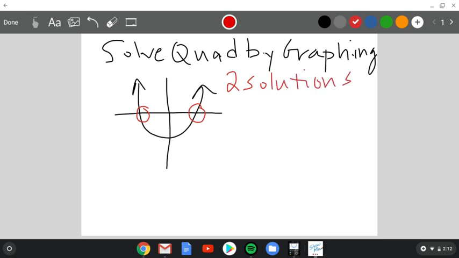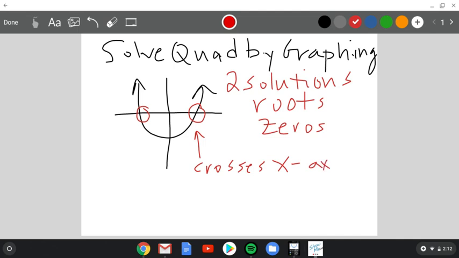And we also can call solutions the roots or the zeros. Those are all interchangeable terms for solutions to any type of graph. It's where it crosses the x-axis. And if you think about things that cross the x-axis, the value of y is 0.